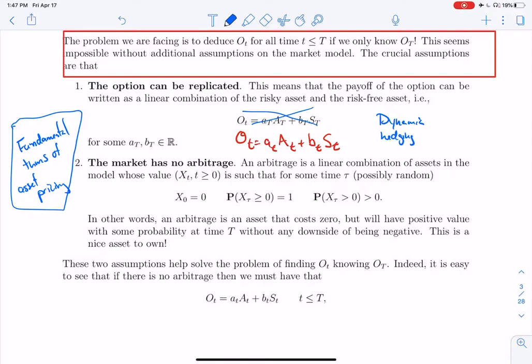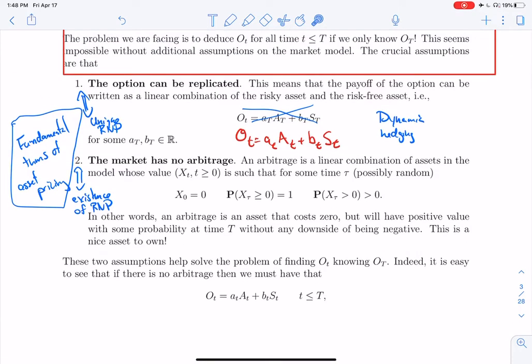For those who are interested, the market having no arbitrage turns out to be equivalent to the existence of a risk-neutral probability, and the fact that options can be replicated is related to the fact that this risk-neutral probability is unique. Okay, so let's put that aside.